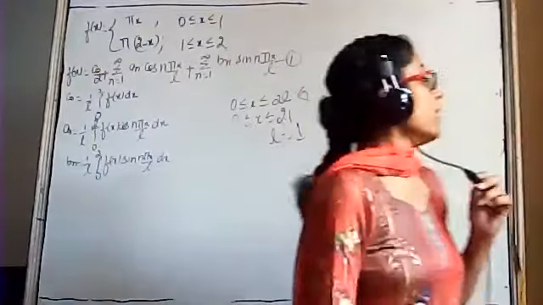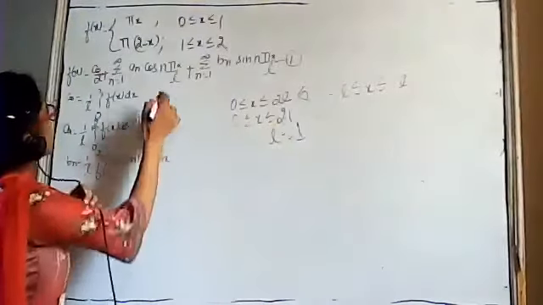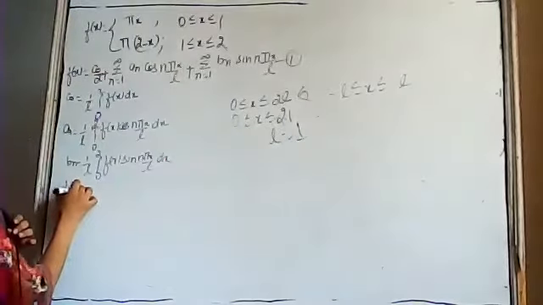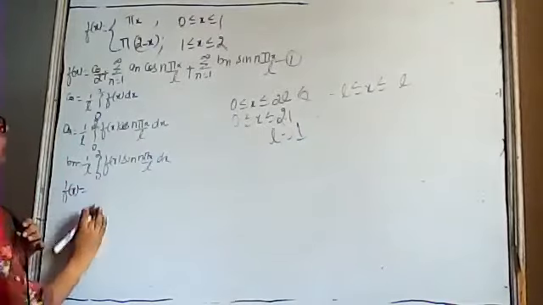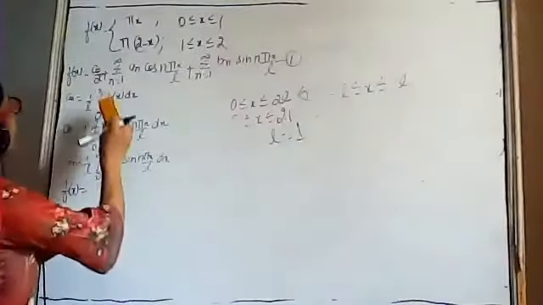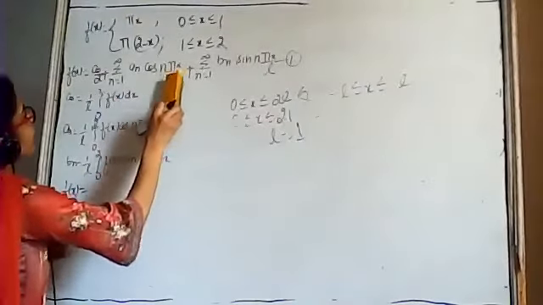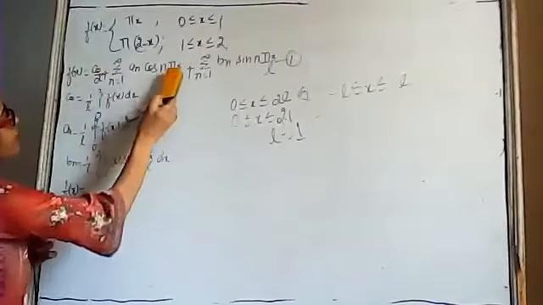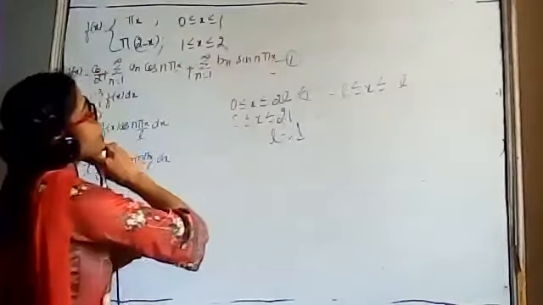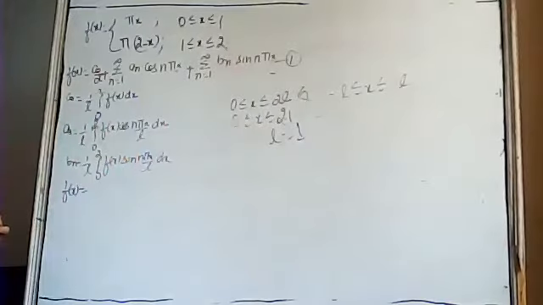Right? After that, you have to put all the values in these terms. We will get fx is equal to a0 by 2. I'm changing in this term only. This is equal to a0 by 2 plus summation n varies from 1 to infinity an cos of n pi x upon 1 plus summation n varies from 1 to infinity bn sine of n pi x upon 1.